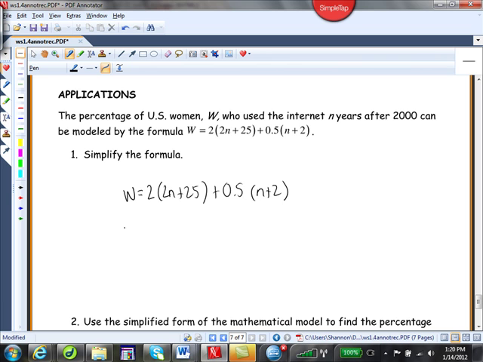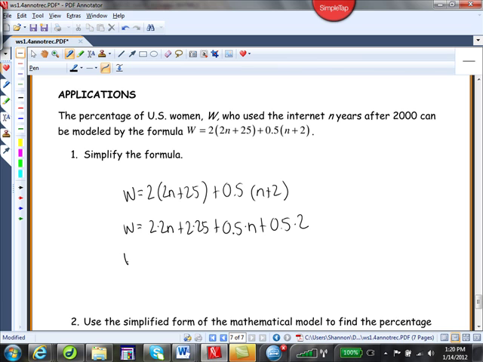So here we go. We can distribute the 2 throughout that 2n plus 25. So we will get 2 times 2n plus 2 times 25. And then we can also distribute that 5/10 throughout the n plus 2. So we'll have 5/10 times n plus 5/10 times 2.